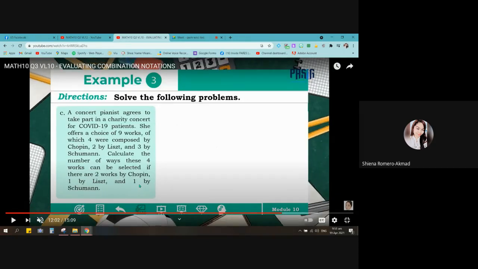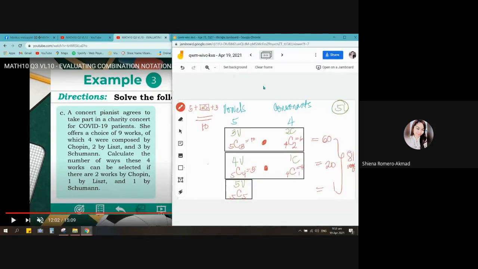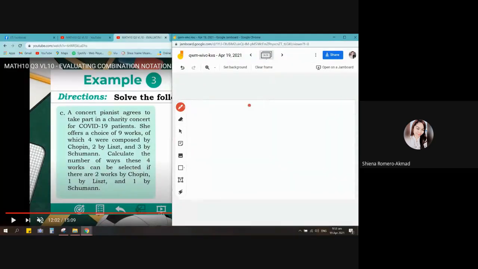So, how many works are there by Chopin? There are 4. How about Liszt? That's 2.